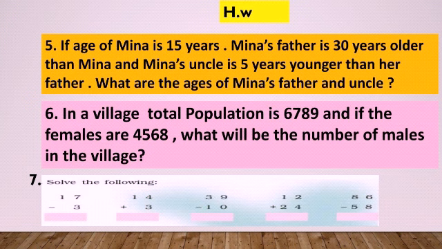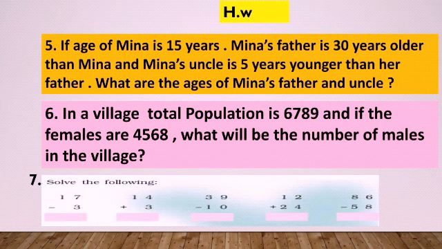See, the fifth question: if the age of Meena is 15 years, Meena's father is 30 years older than Meena, and Meena's uncle is 5 years younger than her father, what are the ages of Meena's father and uncle?